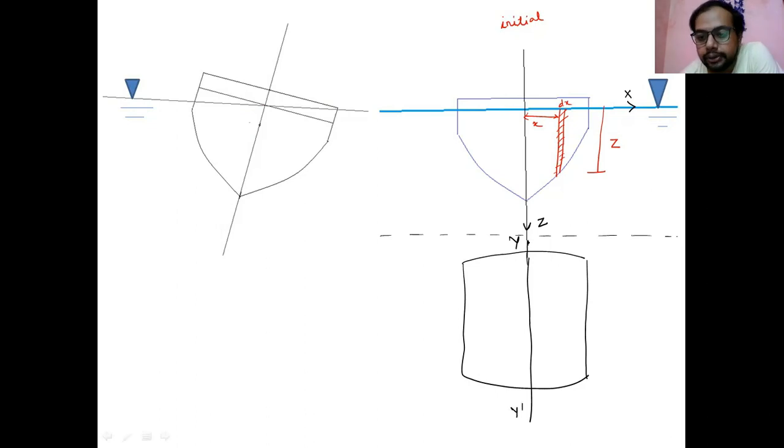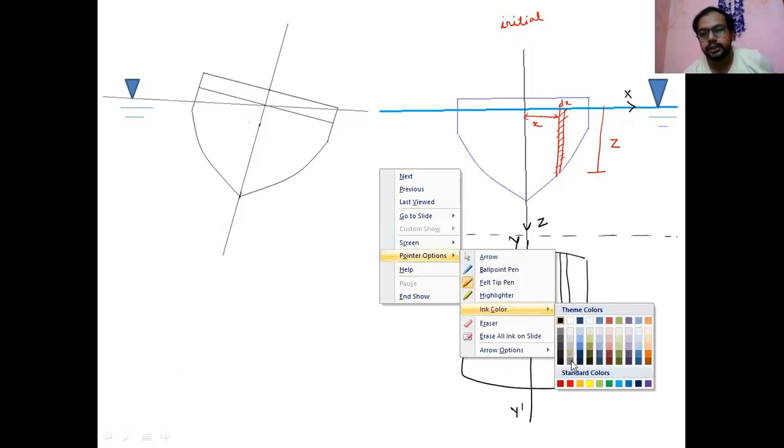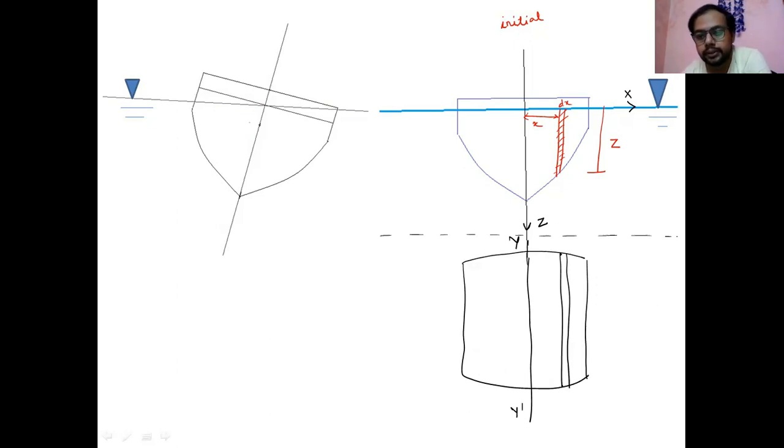So here you take one small elemental area. In the plan view, it looks like this. That is nothing but dA.